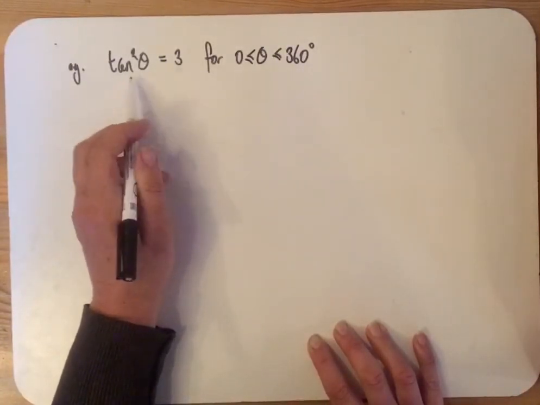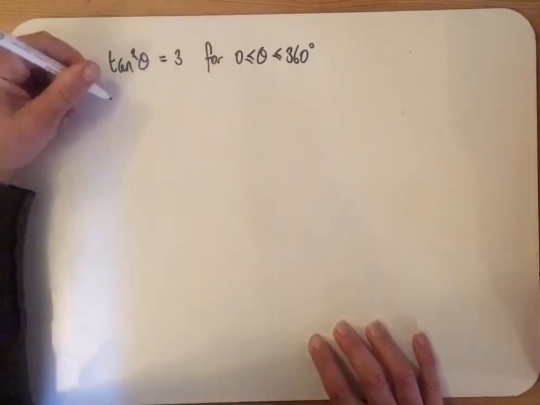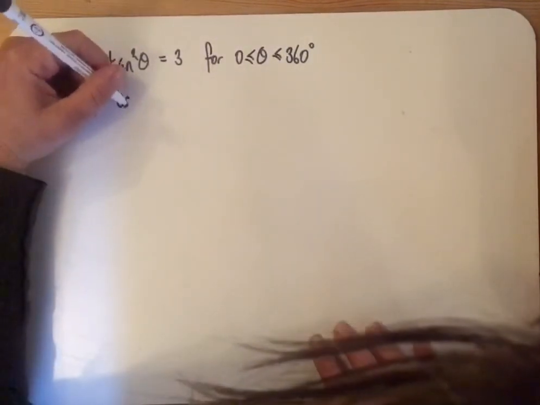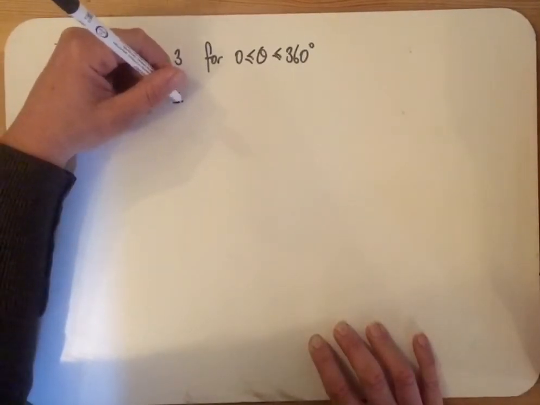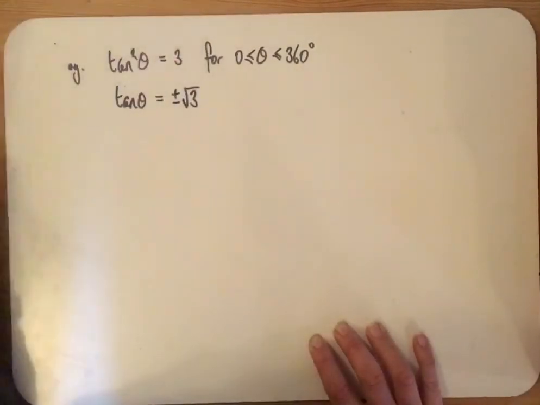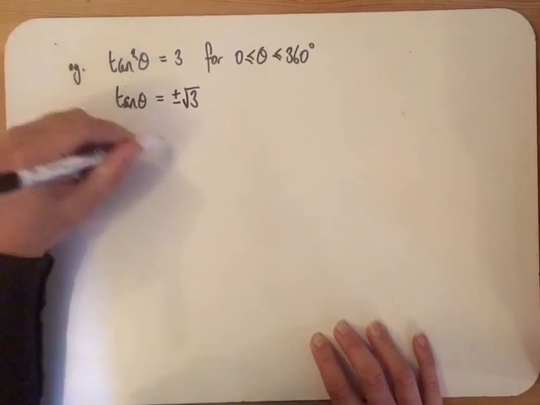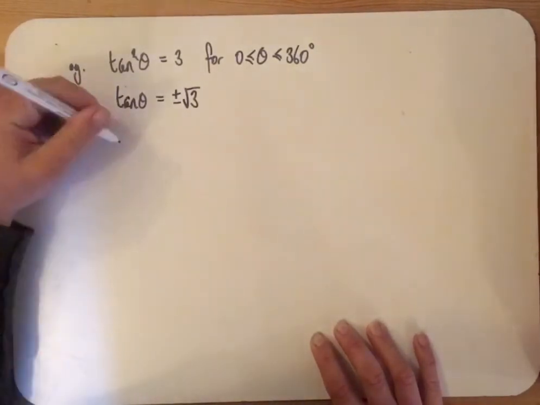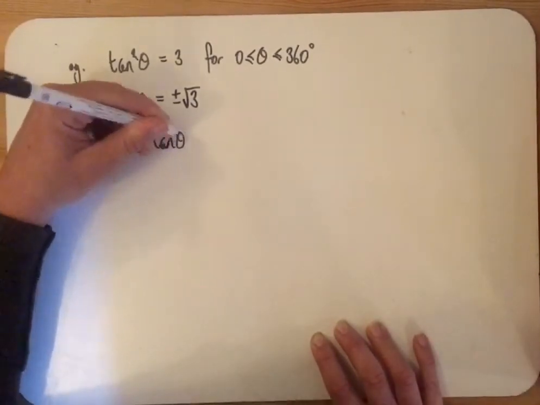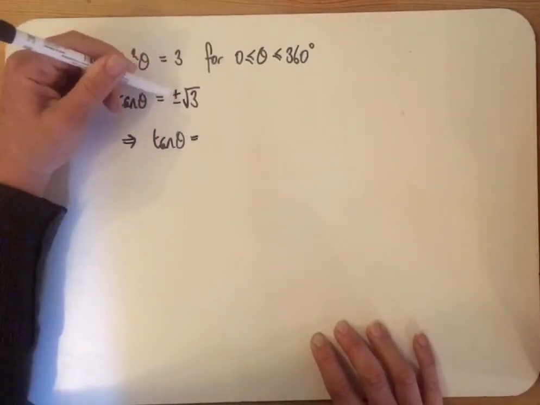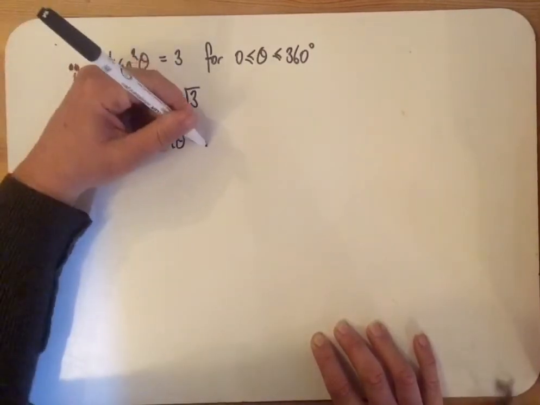So I need to square root both sides of this to get tan theta. And you need to remember when you square root to do your plus or minus root 3. So there's no reason why tan theta can't be minus root 3. And then you just solve the two separately. So that's more straightforward, but I thought it's just worth emphasising this plus or minus apart from anything else.